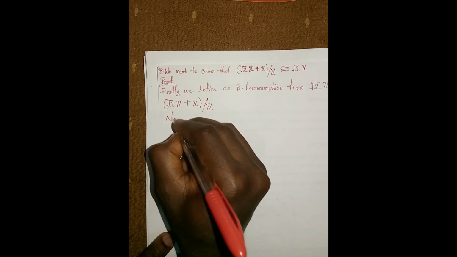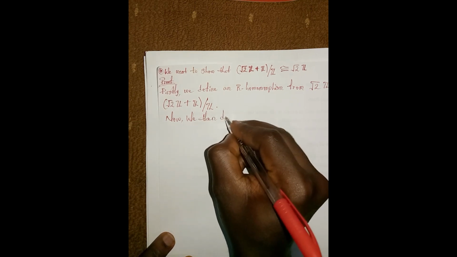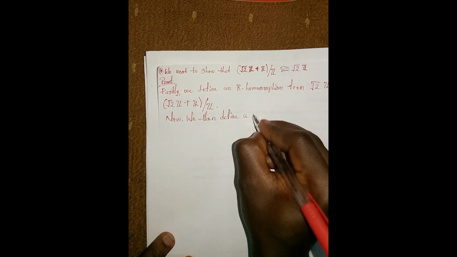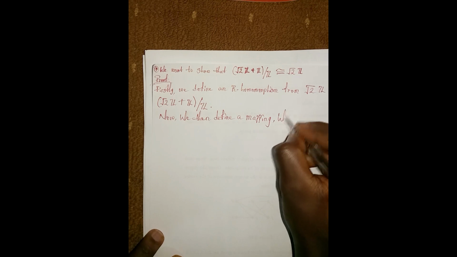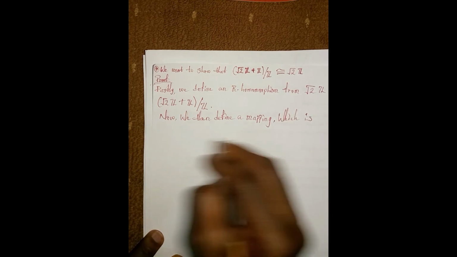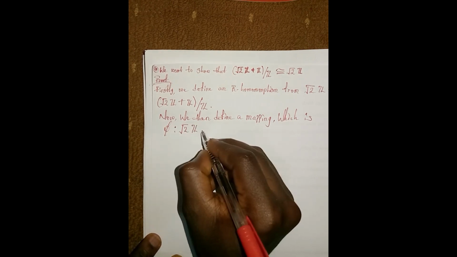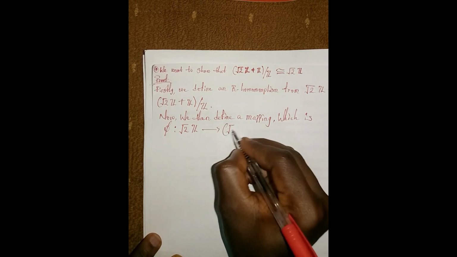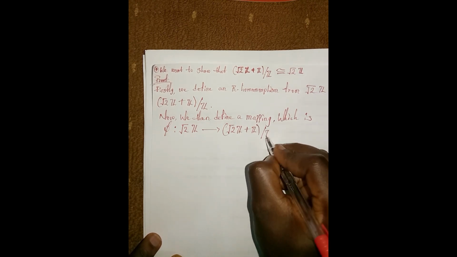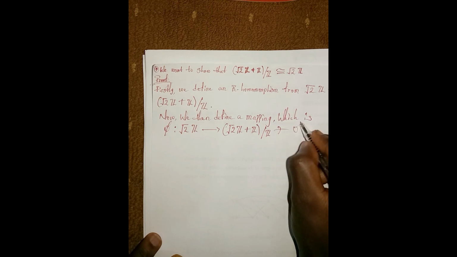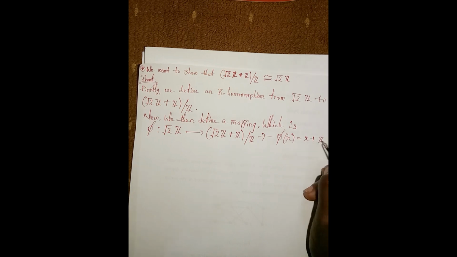Then we define a mapping phi of the square root of 2 script z into the square root of 2 script z plus script z by script z, such that phi of x is equal to x plus script z.